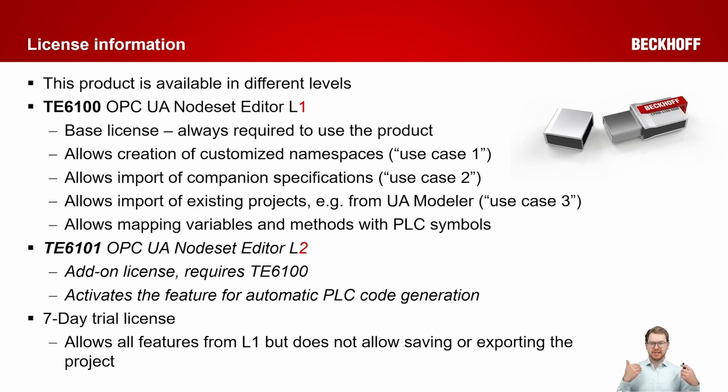And there's an optional add-on license, the TE 6101, which is L2, and it's the license that's required for the automatic PLC code generation. I said before, same as the co-agent integration, PLC code generation is not available yet, but once it is, you can optionally buy this license to get that, the PLC code generation.